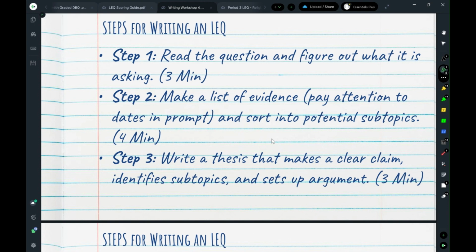For step 3, you're going to write a thesis that makes a clear claim, identifies subtopics, and sets up your argument. This is going to be a big part of it as well. You'll see it's the first thing on every rubric is your thesis. This is your argument. What you have to say, and I'll give you some tips on argument and thesis here in just a second. And I take some time on that as well. You're just writing one sentence, but you want to take about 3 minutes.